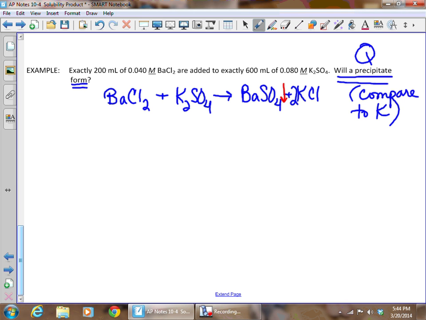So since that is the precipitate that's formed, that's what we need a KSP value for. And if we look up the KSP value for barium sulfate, when in doubt, Google it out, we find that the KSP of barium sulfate is equal to 1.1 times 10 to the minus 10th. So this is what we're going to be comparing Q to when we find it.